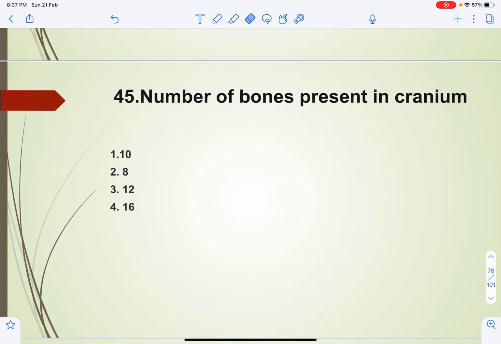Number of bones present in the cranium. In this case, we know that the cranium is also called the brain box.